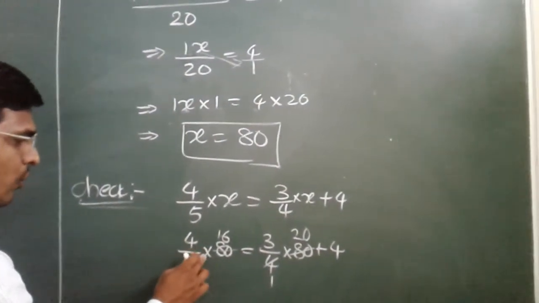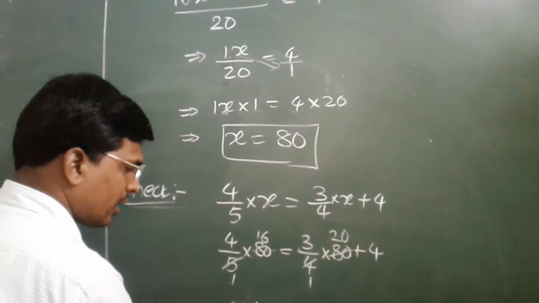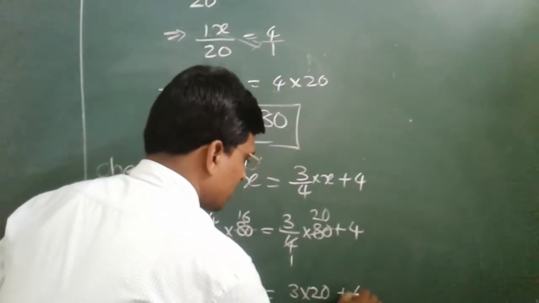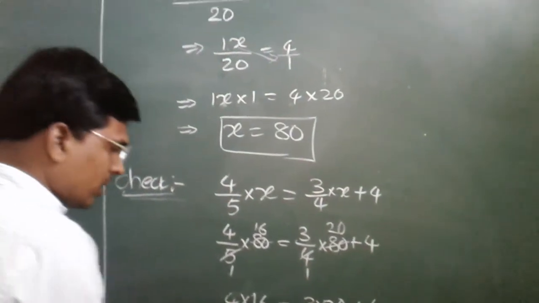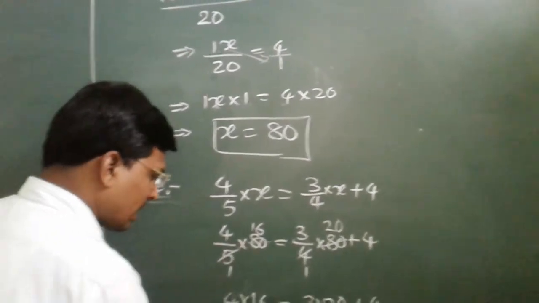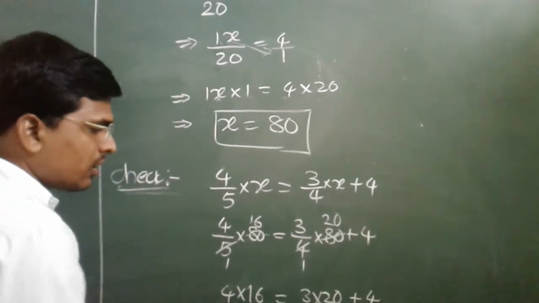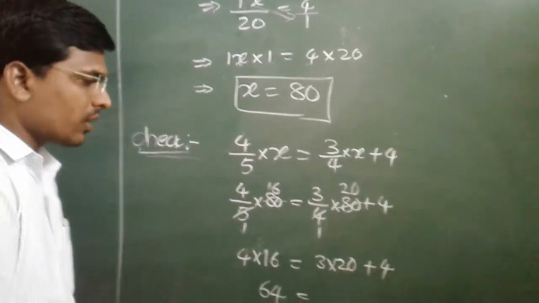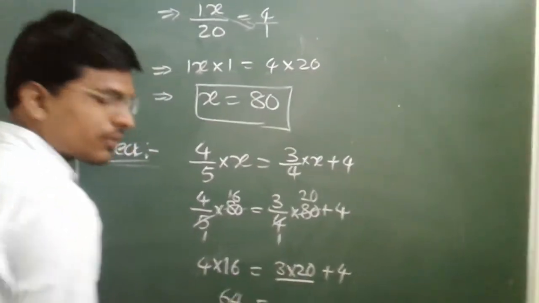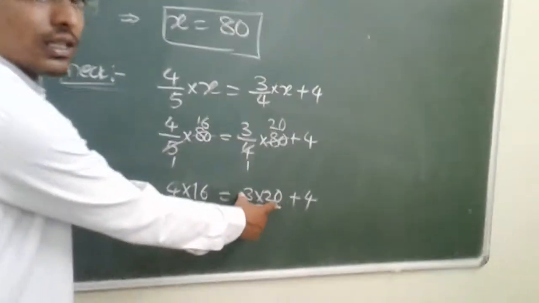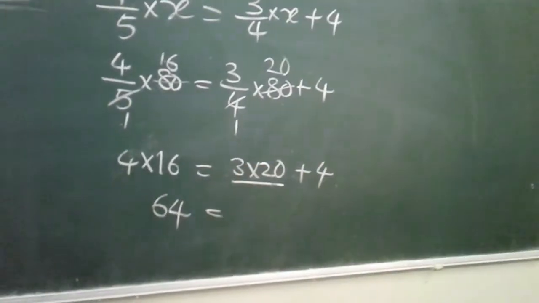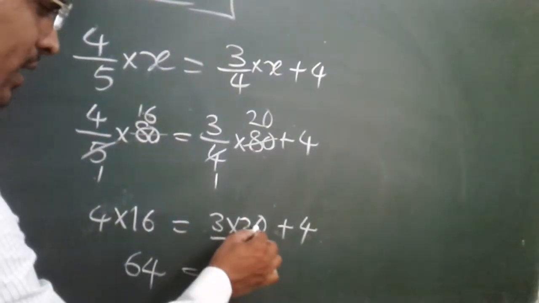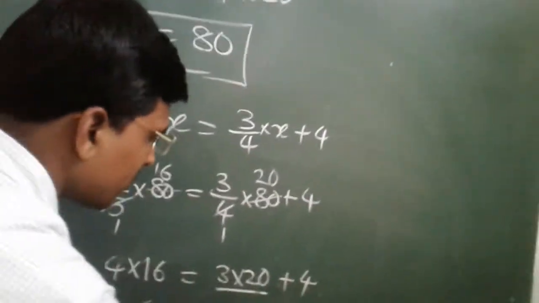So 4 into 16 is equal to 3 into 20 plus 4. 16 fours are 64. Next, 3 into 20 plus 4. Here we apply the BODMAS rule: first go with multiplication, then to that answer add this 4. You don't do 20 plus 4 into 3. So 3 twenties are 60 plus 4.